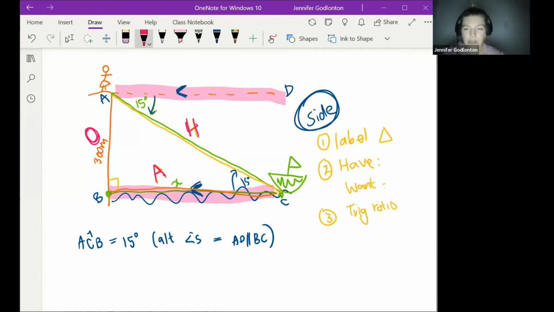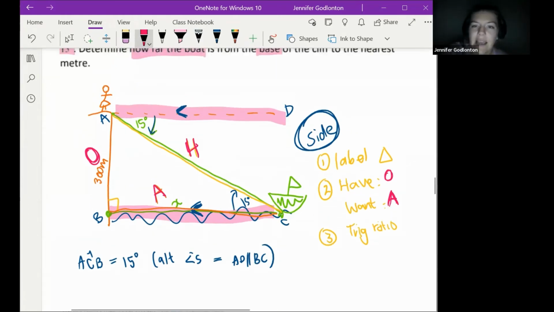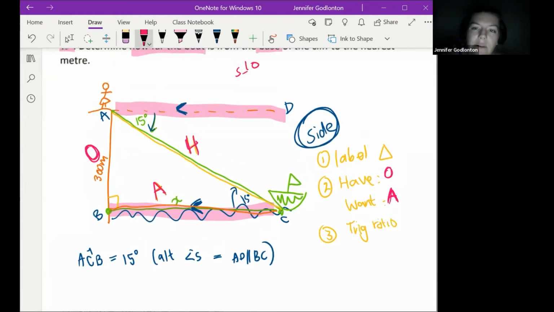Now my question to you is, what do we have and what do we want? Okay, good. So we have O, and we want A. Okay, we have O and we want A. So if we have O and we want A, let's quickly write out our things.